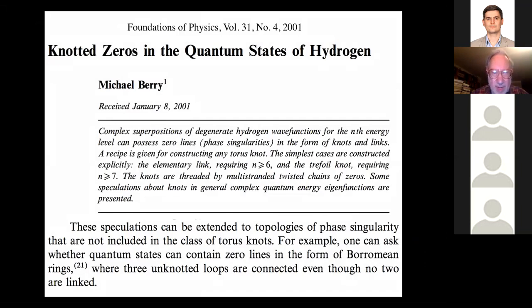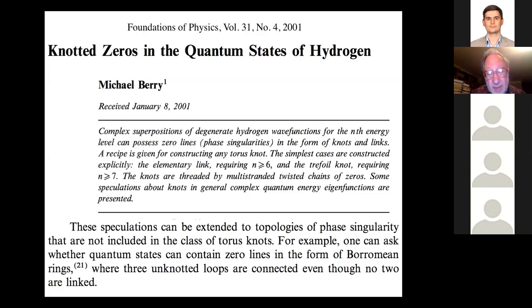Another example of knotting in physics is the knotted zeros in quantum states of hydrogen, a paper of Michael Berry, who pointed out that for the high energy states of a hydrogen atom, if you look at the places where the time-independent wave function is zero, you will find phase lines, phase singularities, where the wave function is zero, and they're knotted.